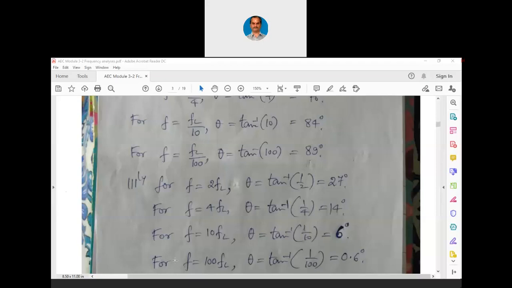Here you can see when f equals 100fL, theta is only 0.6 degrees, which can always be ignored. So we can say that in the frequency response, after certain frequencies are crossed, voltage gain also becomes uniform and the phase also will not have any difference. That is the conclusion which you can make.